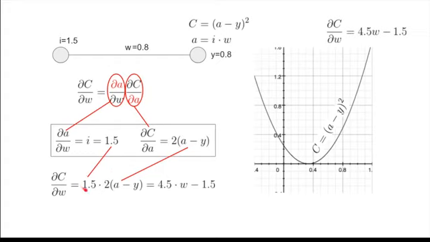When we multiply those two together, we get this first order polynomial, which is plotted here, and this tells us the direction in which we need to change W. So on this side we need to deduct or reduce the W by a positive number, so we're actually going down.